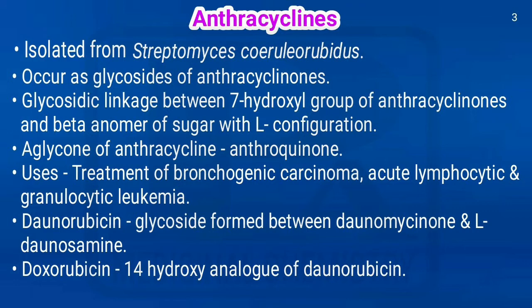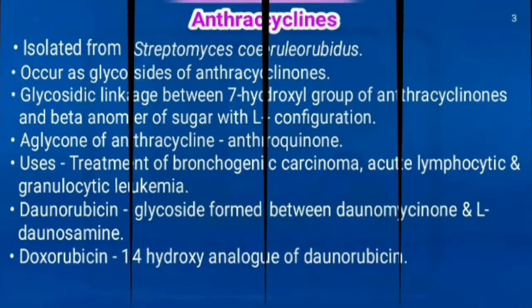What are the uses? That is used in the treatment of bronchogenic carcinoma, acute lymphocytic and granulocytic leukemia. This Daunorubicin, here the glycoside is formed between daunomycinone and L-daunosamine. While comparing Daunorubicin with doxorubicin, doxorubicin is a 14 hydroxy analog of Daunorubicin.